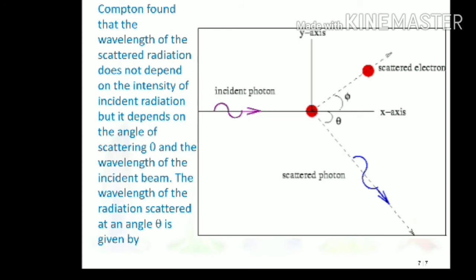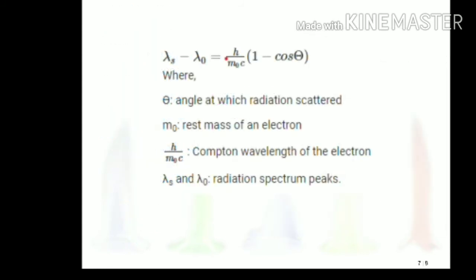The wavelength of the radiation scattered at an angle theta is given by lambda s minus lambda 0, that is the wavelength of the scattered X-ray minus the wavelength of the incident X-ray, is equal to h by m0c times (1 minus cos theta), where theta is the angle at which the radiation is scattered. m0 is the rest mass of an electron. h by m0c is the Compton wavelength of the electron, and lambda s and lambda 0 are the peaks in the radiation spectrum.